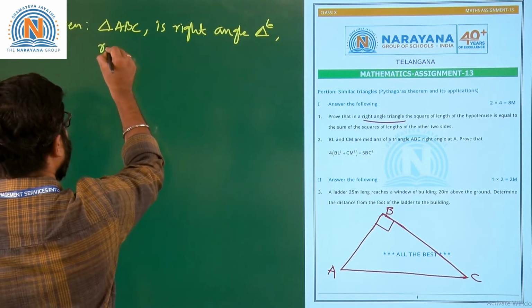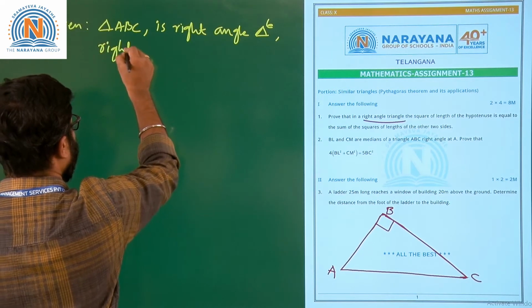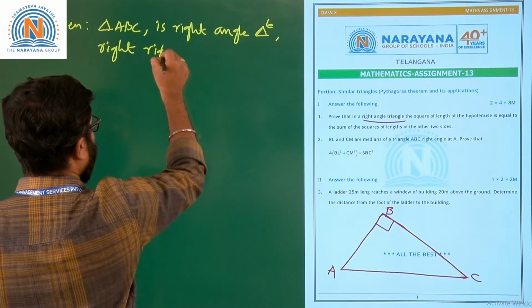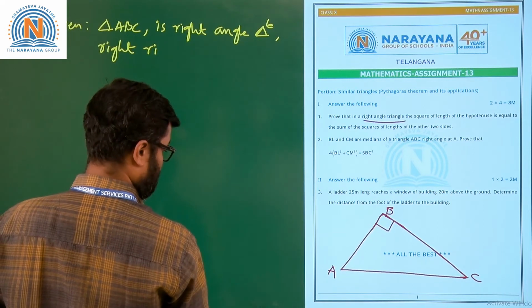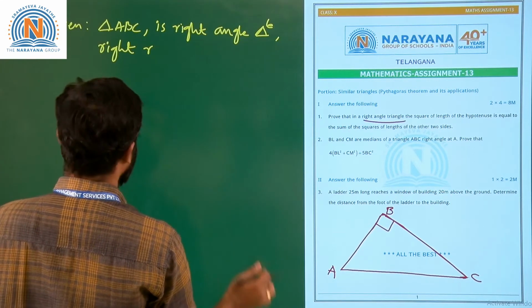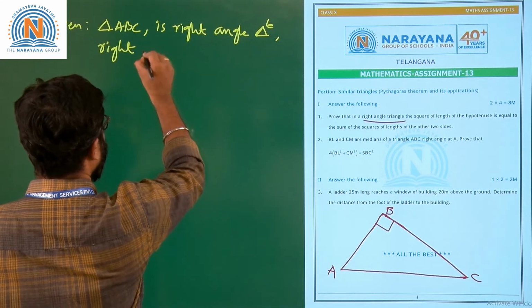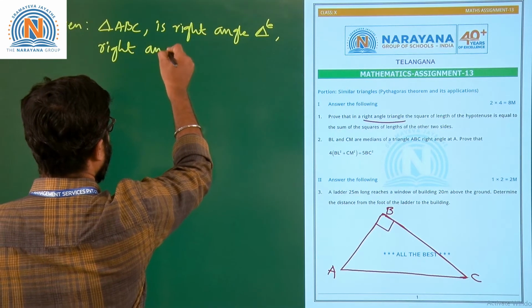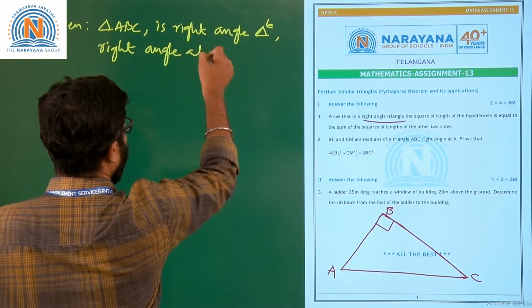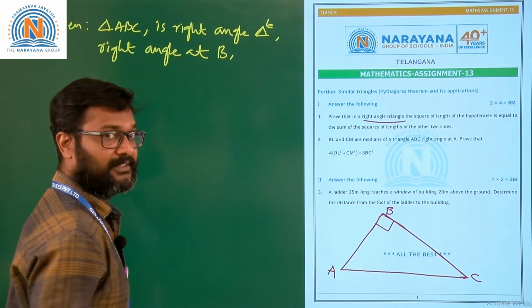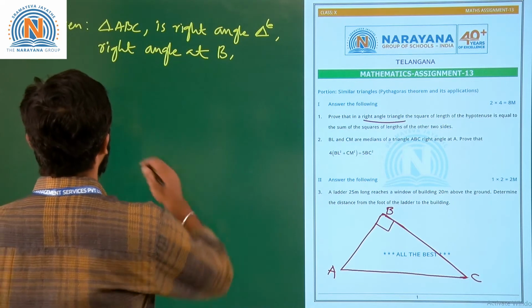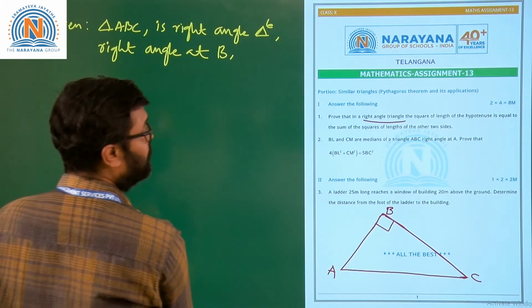The right angle is at what vertex, children? Right angle at B. So this is the given data.